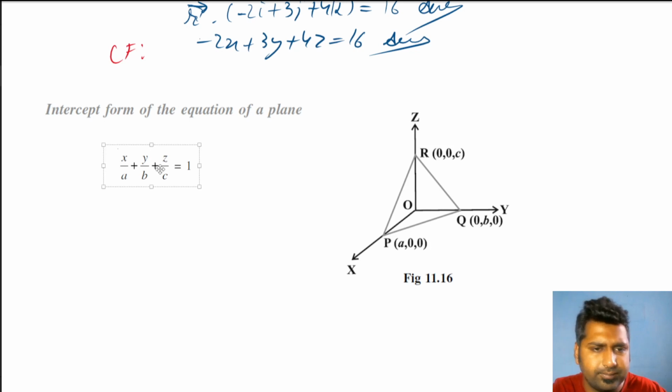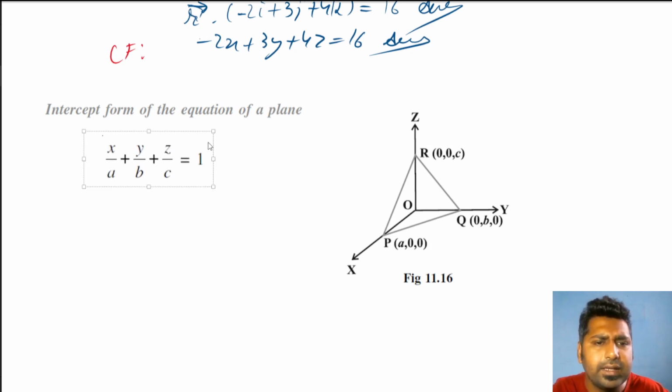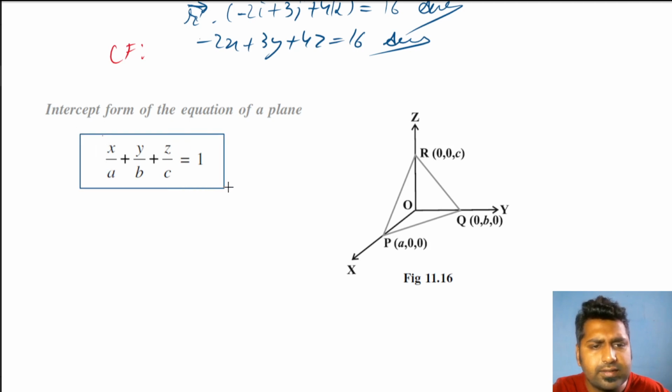This is the formula. So if you have a plane which is intersecting x-axis, y-axis, z-axis at a, b and c distances, so it is intersecting at a distance, at b distance, at c distance, you'll directly write x/a + y/b + z/c = 1.